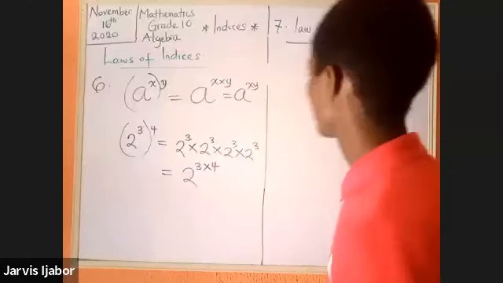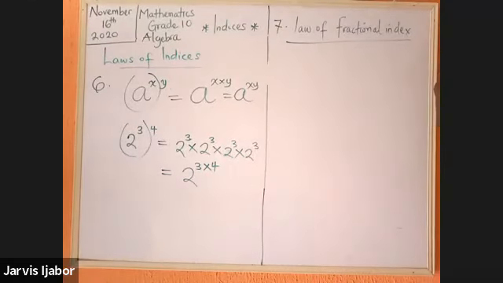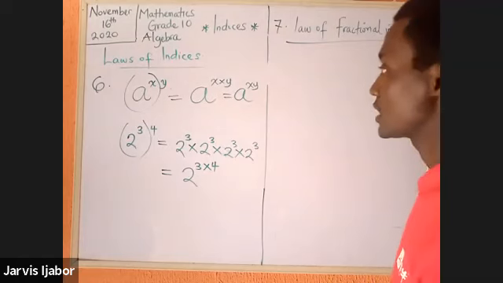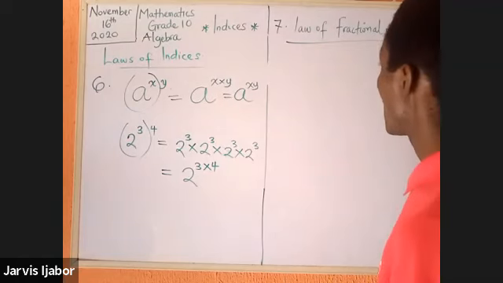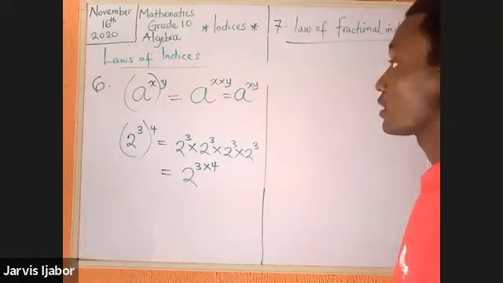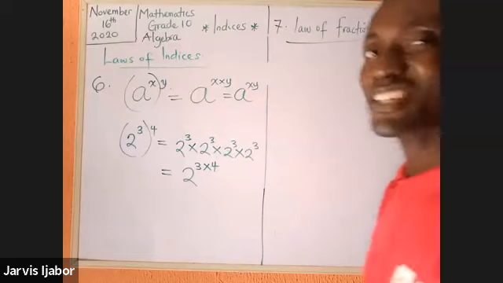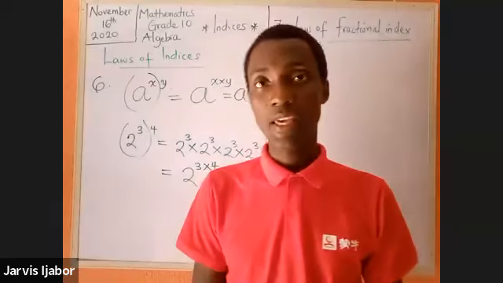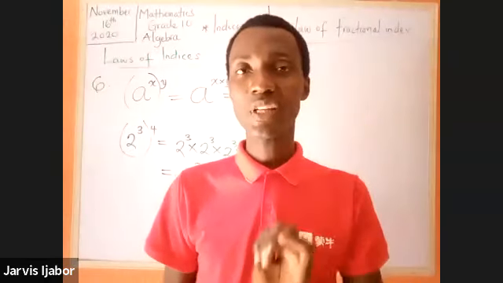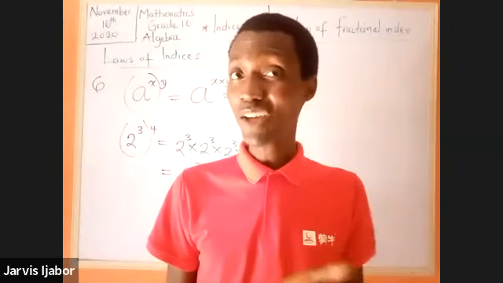So law 6 was what? Okay, so we go to law 7. Law 7 talks about what? Fractional index. It will mean that the index we are talking about is now a fraction.